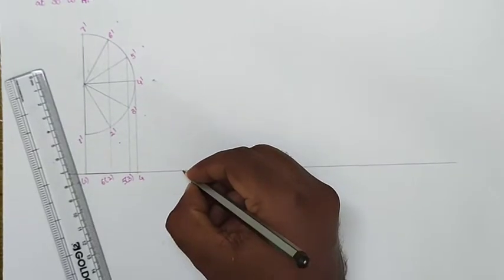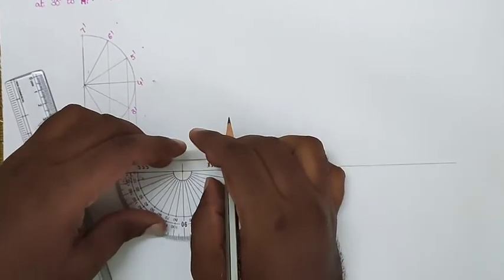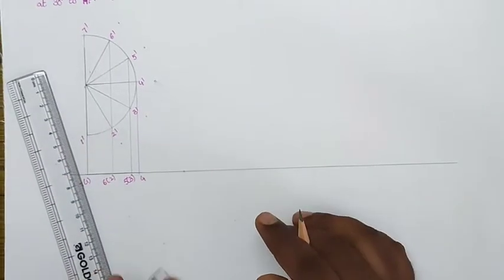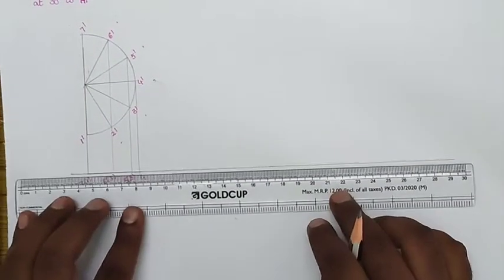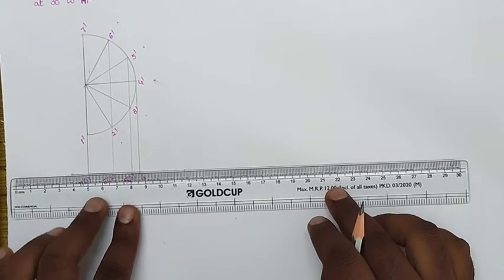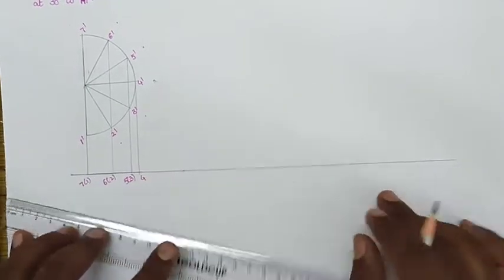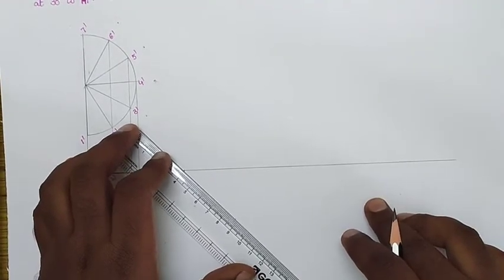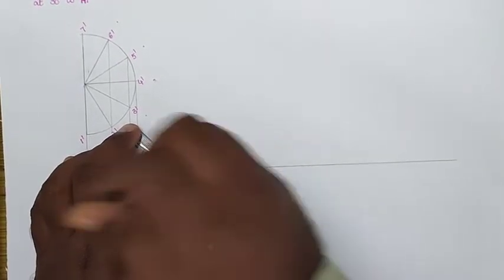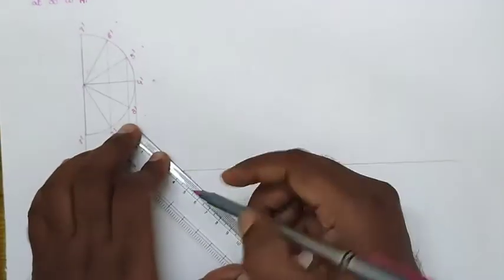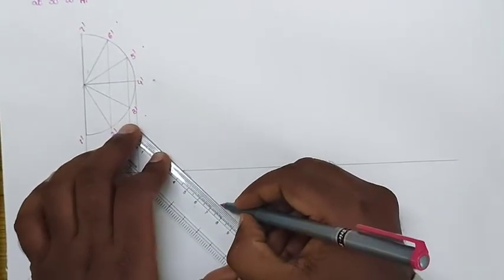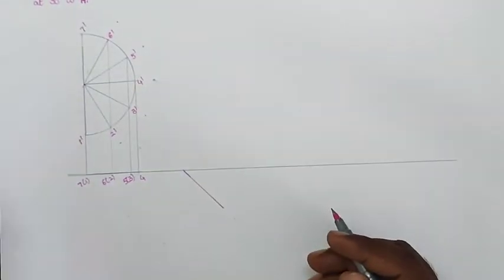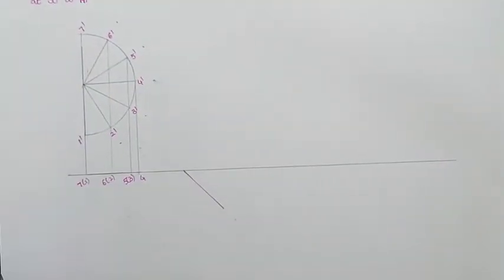Locate a point on the reference line and tilt the first top view at an angle of inclination of 45 degrees. You can measure the length of the first top view; the length should be 36 here. So tilt that one at 45 degrees, so we'll tilt the first top view.